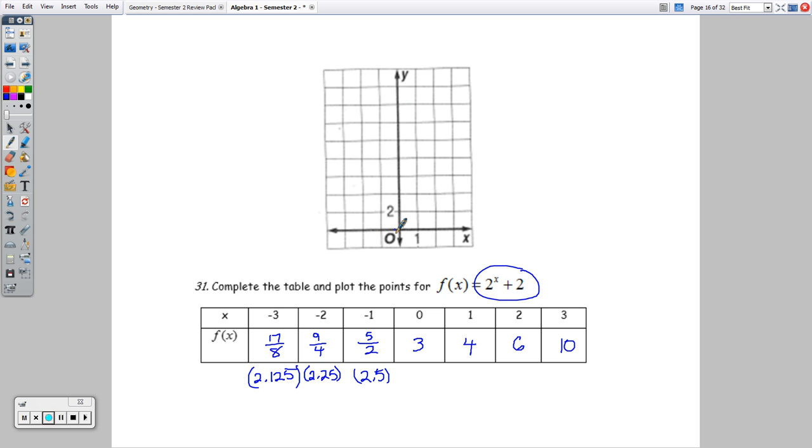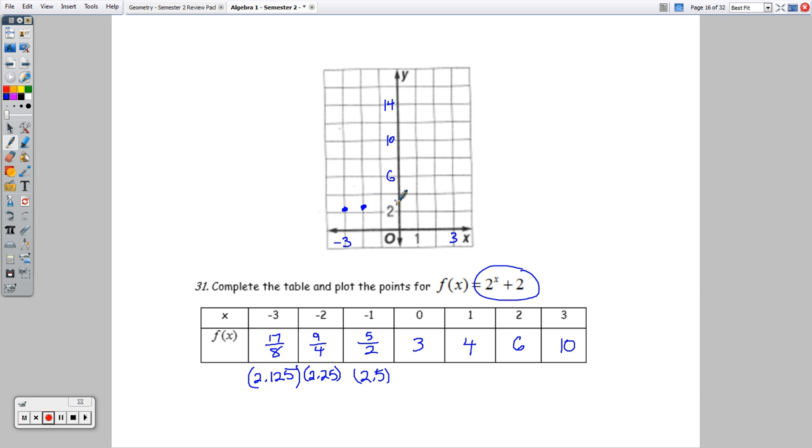So be careful as you plot this to keep that in mind. So if that's 2, that's 4, that's actually 6, 10 right there, and 14 right there, and so on.